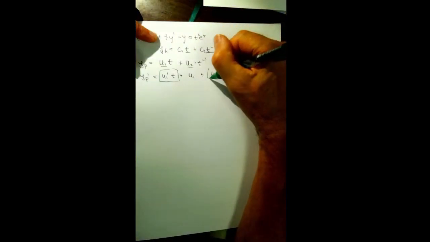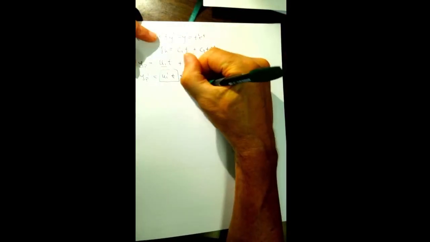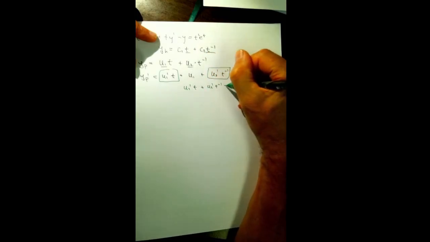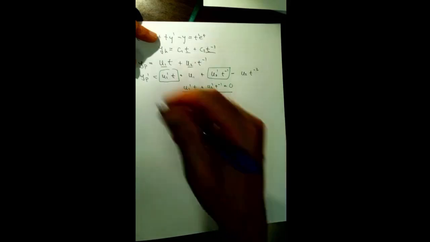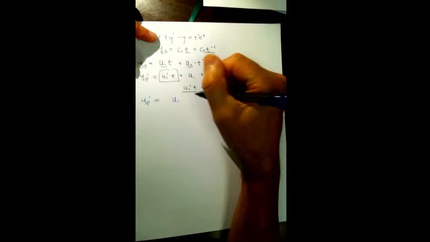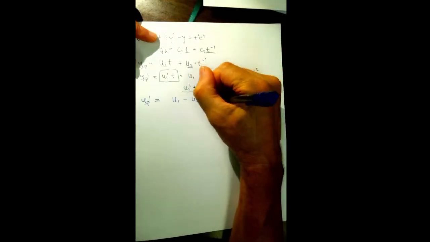This term plus this term I'm going to force to cancel. So I'm going to just make that equal to 0, which means then my yp prime becomes u1 minus u2 t to the minus 2.